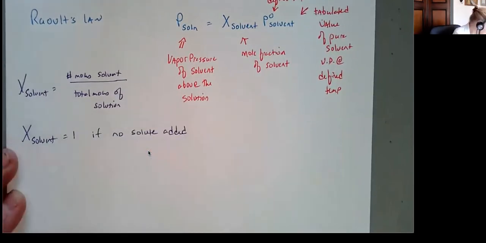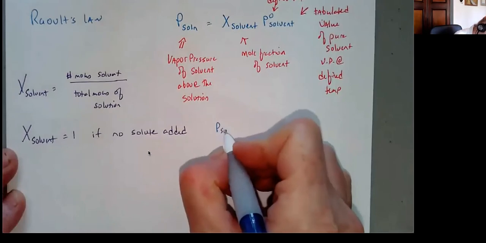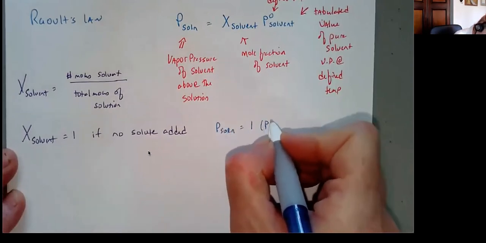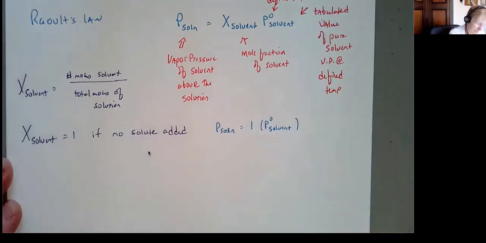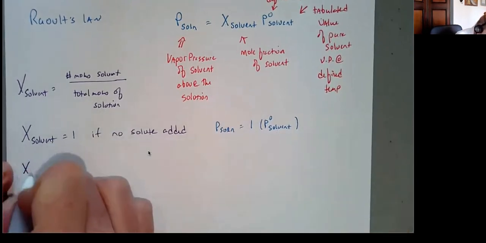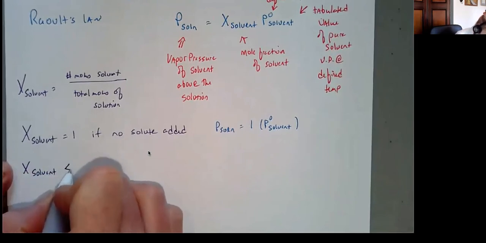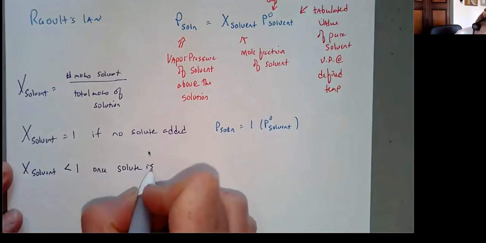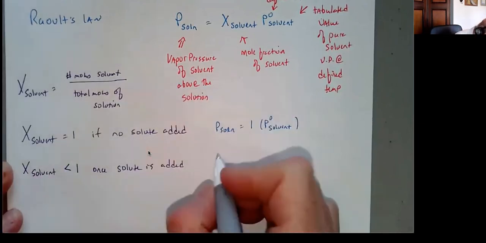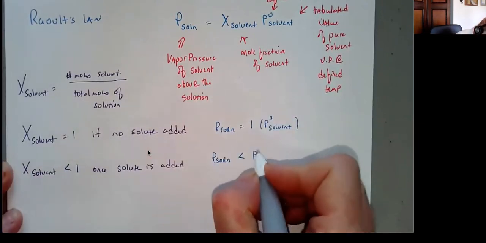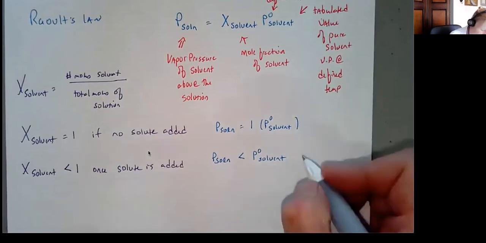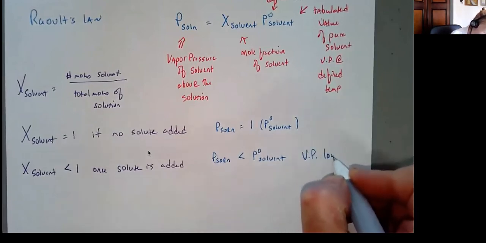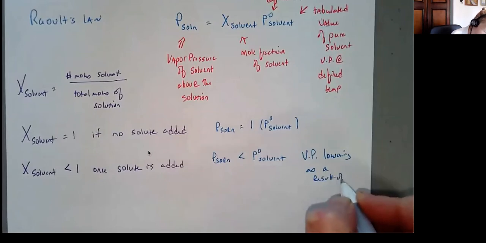At that point, P solution equals 1 times P solvent, and those essentially equal each other. But as I start to add a solute, X of solvent is going to be less than 1, which means your P solution is going to be less than your P of solvent. So your vapor pressure of that solvent is going to be less than that of the pure solvent. This is vapor pressure lowering as a result of solute added.